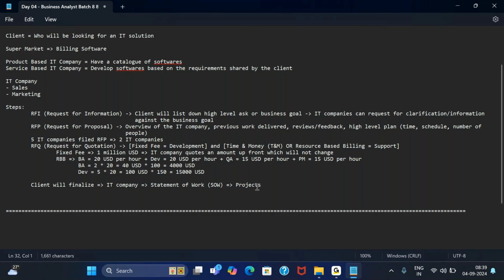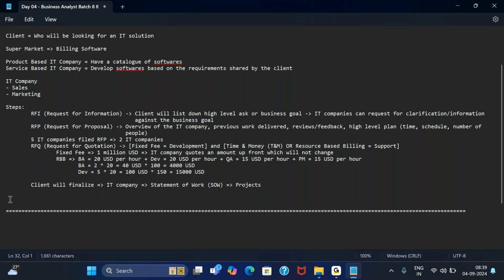Plus, Indian IT companies already have a lot of development work and a lot of testing work. So what is the other area that they can explore? That other area is the business analyst part, because business analyst work we have not been doing so far. So business analyst is one such area where we can explore.